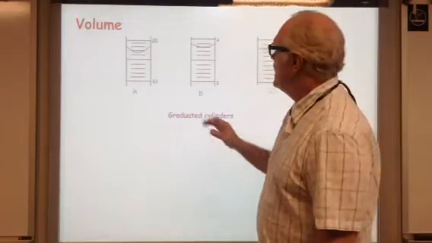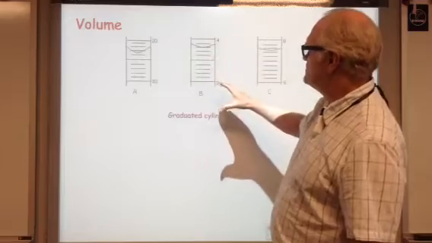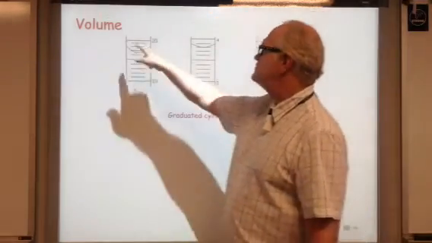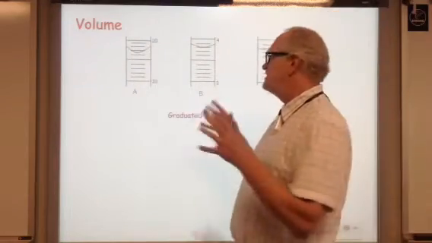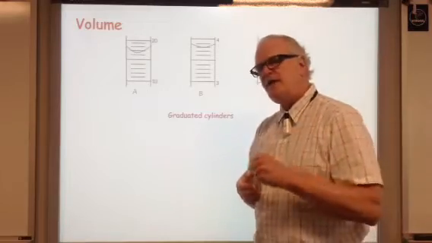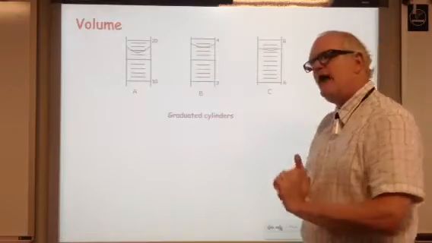Now, in these pictures you see part of a graduated cylinder. Here's part of a different one. Here's part of another one here. And each one of these has a line that shows the top of the liquid that's supposedly in these graduated cylinders.